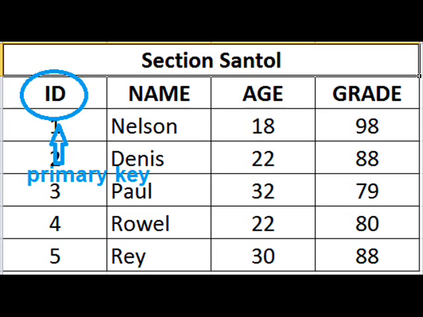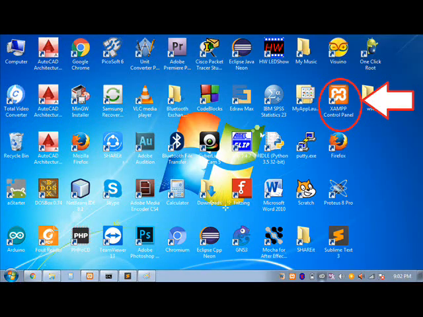And now to finally commence our database, I hope you have already installed XAMPP, which will be our local web server. So instead of using a remote server, XAMPP can be used as our local web server, used in developing our web page.